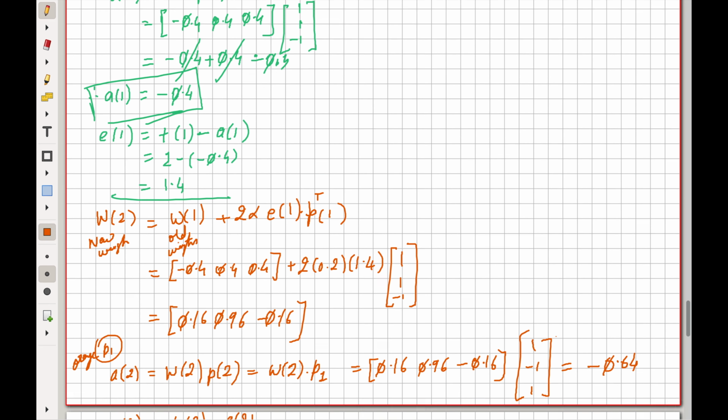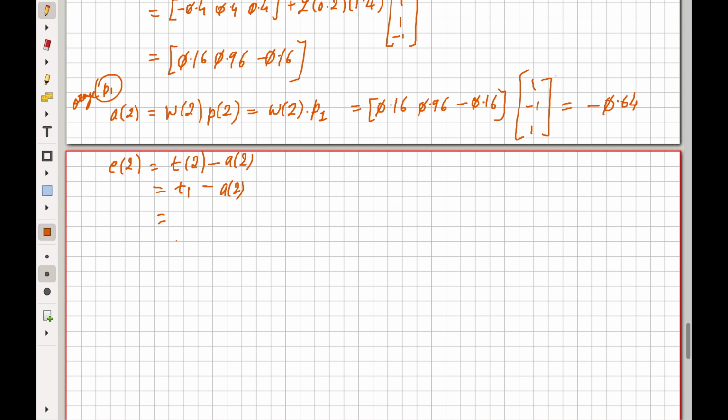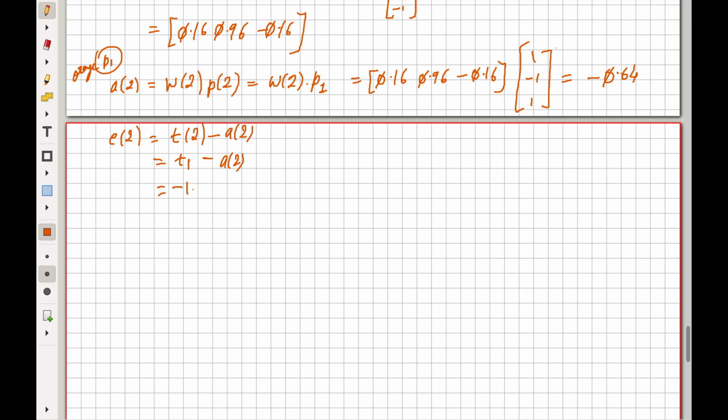This is going to be -1 minus -0.64, and so this time the error is going to reduce because the signs will flip. So -1 plus 0.64 gets us -0.36. That's the new error that we have.